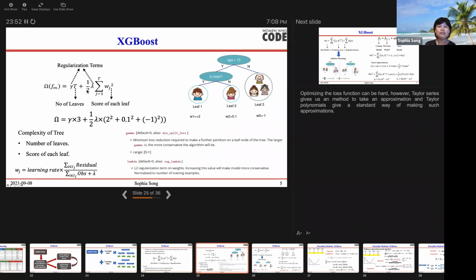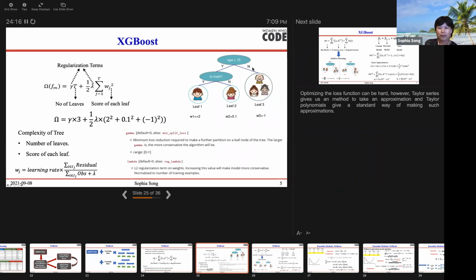Even if you do not set these two parameters, the model has default values. Usually the gamma, I think, is 1 or something, I forgot exactly. The lambda is around 0.1. So usually we use these.